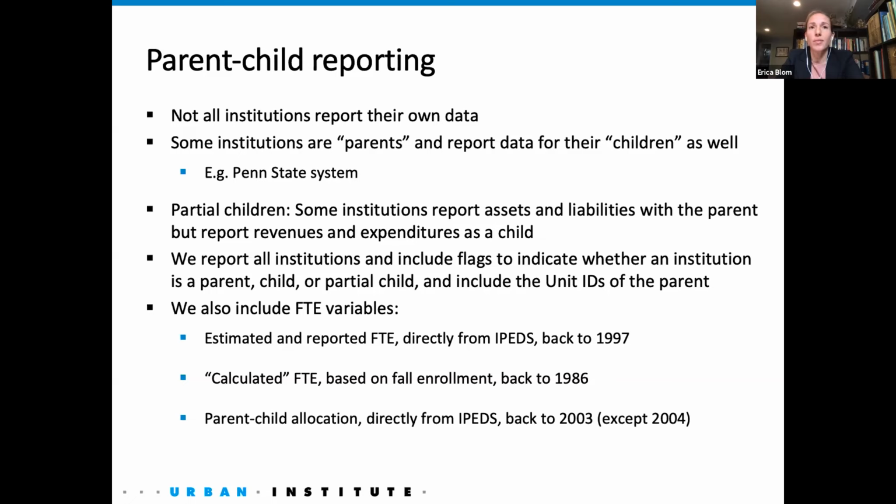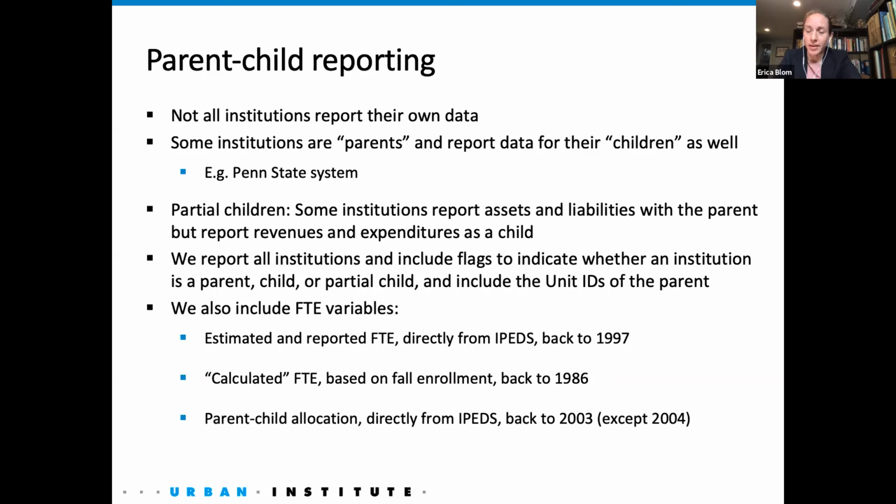We've included estimated and reported full-time equivalent counts. These are from the other IPEDS surveys, which go back to 1997, so we've just included those directly. For older years, we've used a formula provided by IPEDS that Delta Cost also used, which is based on the fall enrollment, which is, again, not perfect for all institutions, especially those that have more of a year-round schedule.